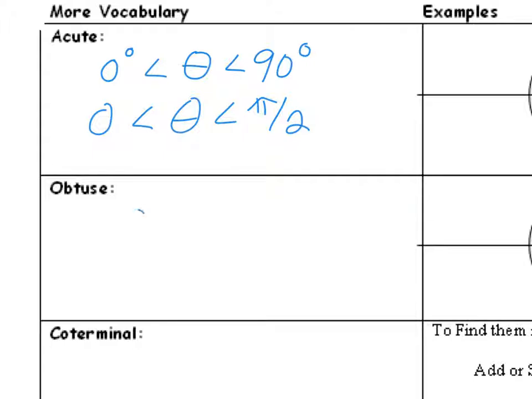So we would say theta is greater than 90 degrees. Or in radians, we're talking bigger than pi over 2. We don't normally talk about acute and obtuse with regard to negative rotation. So that's a little side note. We usually classify them when they're in positive rotation, which would mean finding a coterminal angle, and that's my next vocab term. I'll get to that in just a second.